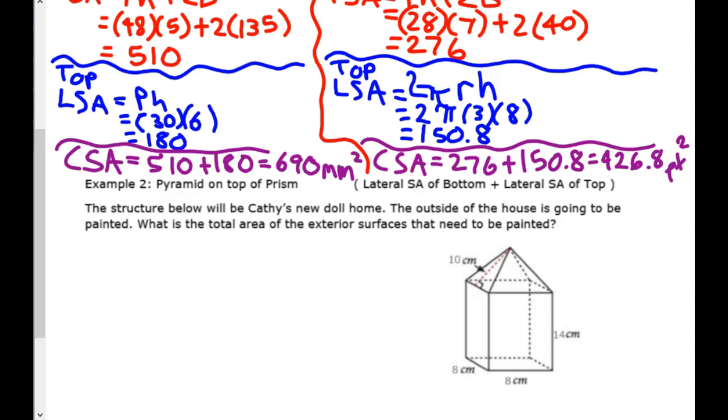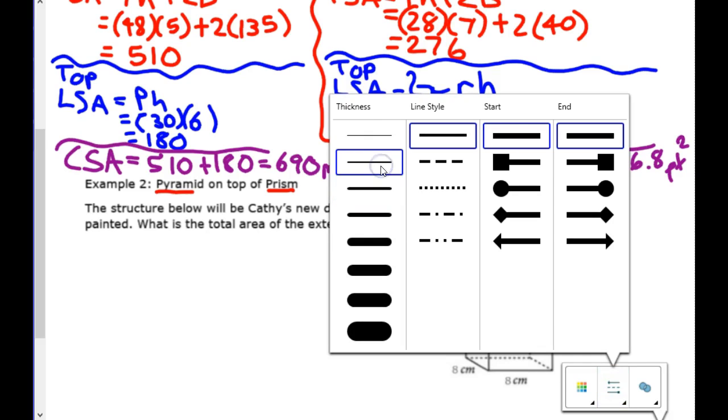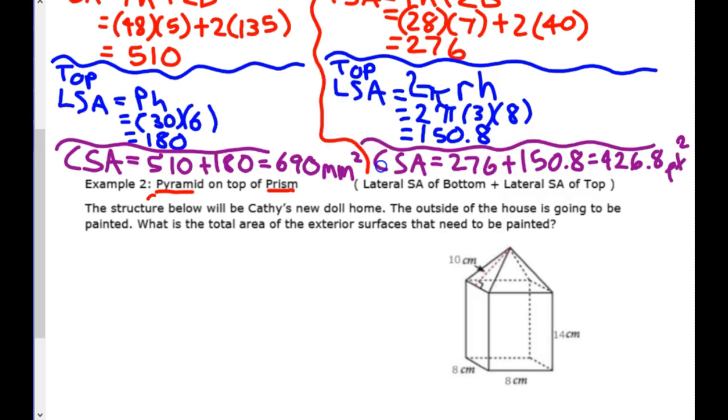Look at this. When we have a pyramid on top of a prism, okay? Now, there's one more situation that this could be talking about. It could be a cone on a cylinder. That's another situation, okay?